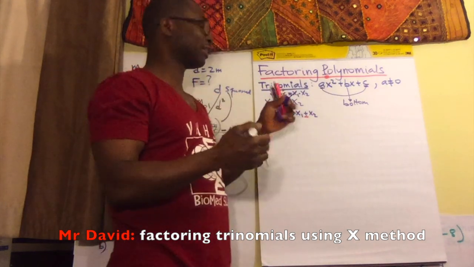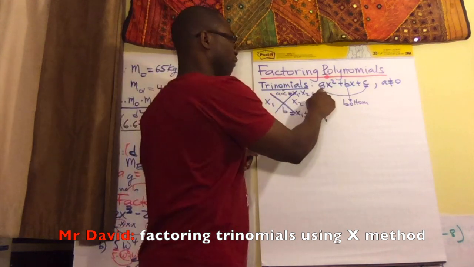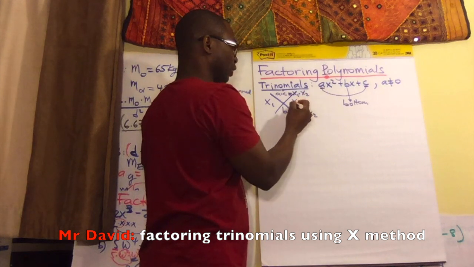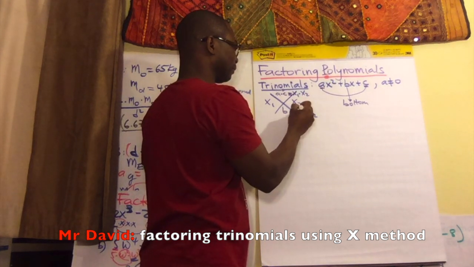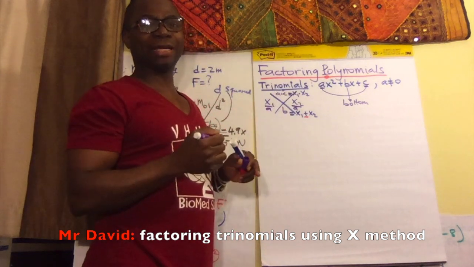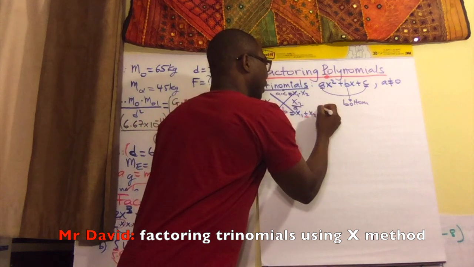Once we identify the two numbers, we divide them by the coefficient of the x squared, A. We divide those two numbers by A, and then our answer goes right there.